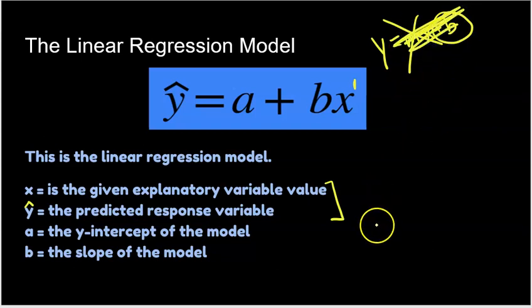We're in statistics class, right? So a is the y-intercept, and we actually write it first. And then b is the slope that is being multiplied by x. So the actual variables of the problem are the x and the y hat, and then a and b in a real problem become numbers. That way we can then plug in an x and get a predicted y.